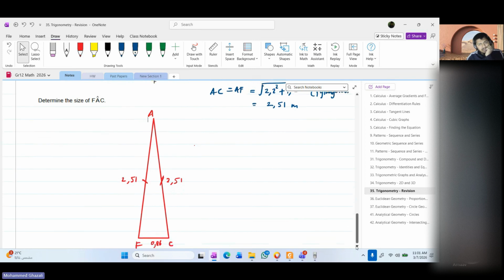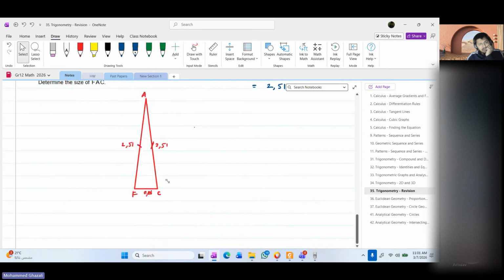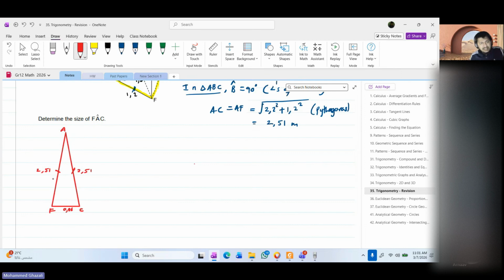Now we are going to simplify this, all right? Because remember, we want to find angle A. So to find angle A, in other words, FAC, we're going to say cos of angle A equals the other two sides squared minus the opposite side squared, divided by 2FC.